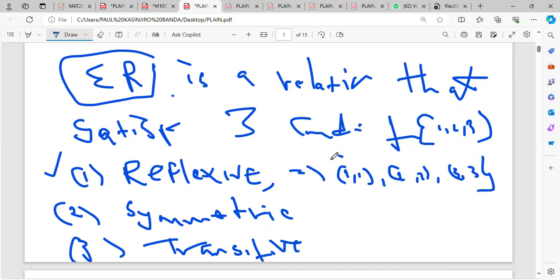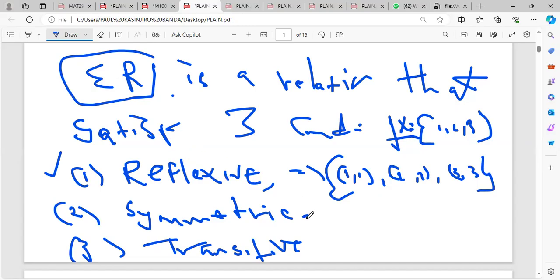If I have a set, this can be set X, then from this set X I'm getting this relation. You can see that each and every element there is related to itself, right? So that's what reflexivity means.